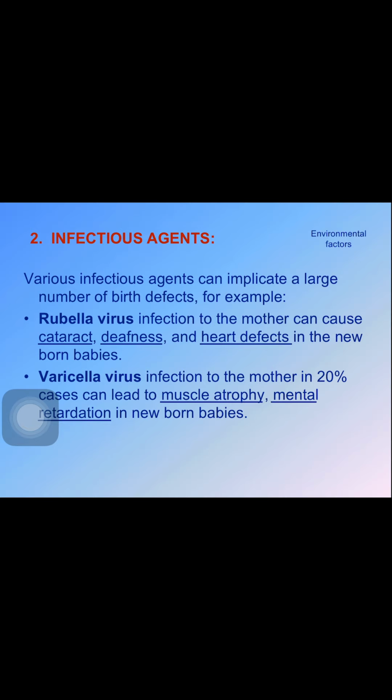If the mother suffers during pregnancy from rubella virus, the baby can have cataract, deafness, and heart defects, etc. If the mother is infected by varicella virus, chickenpox, that can cause muscle atrophy and mental retardation in the newborn babies.